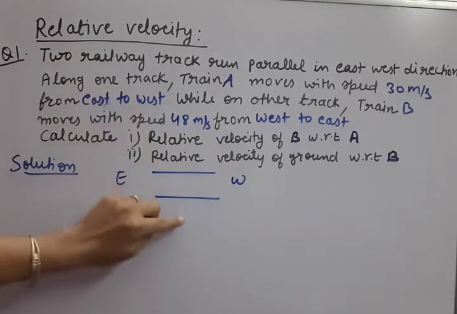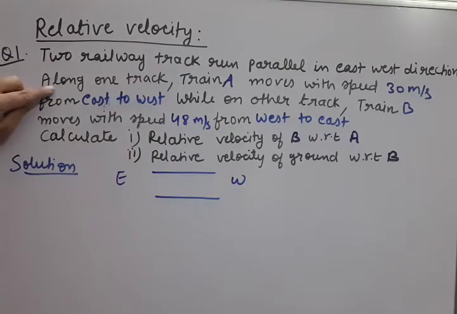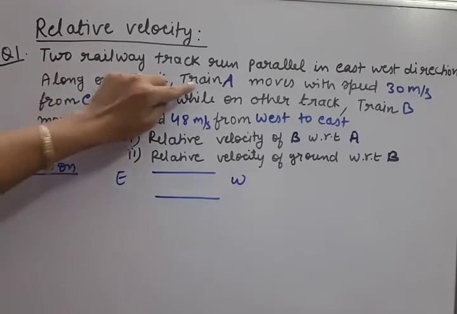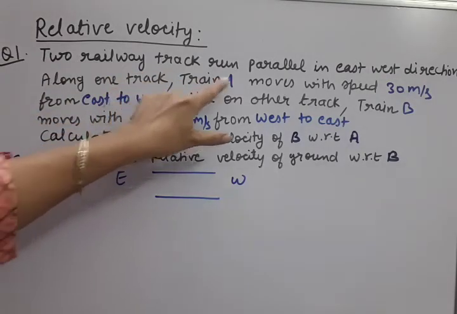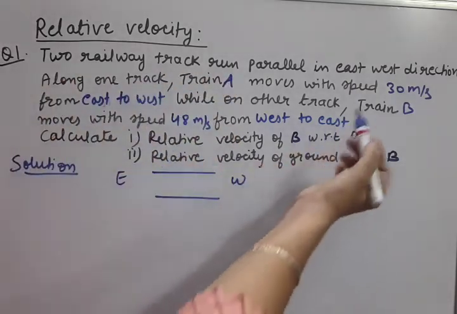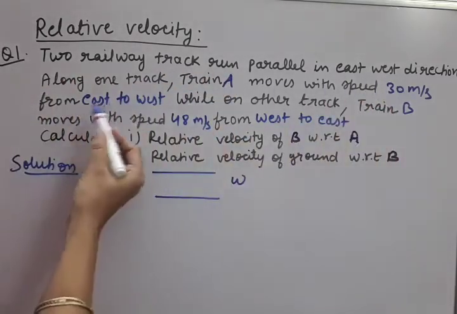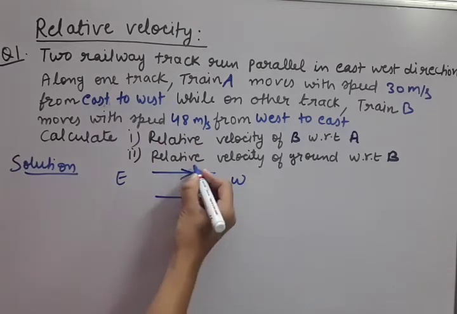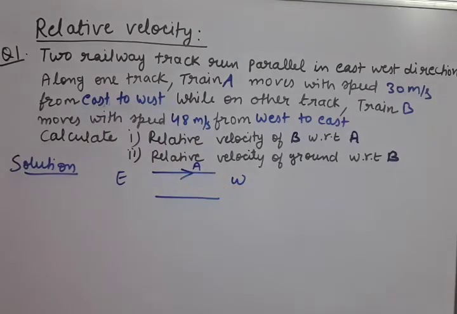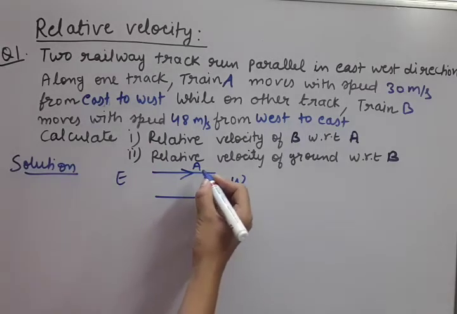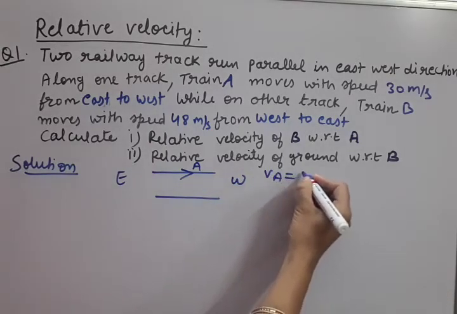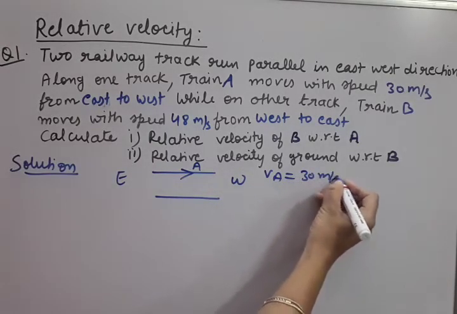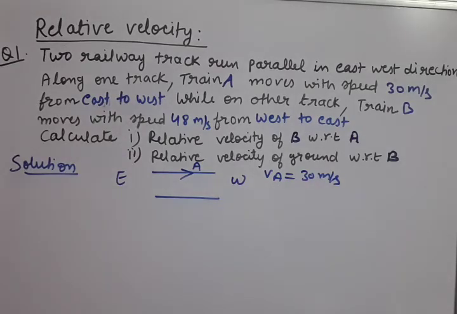Two railway tracks we have drawn. Along one track, train A moves with speed this from east to west. So this is train A's direction. VA, that means train A's speed, is 30 meter per second. Clear?